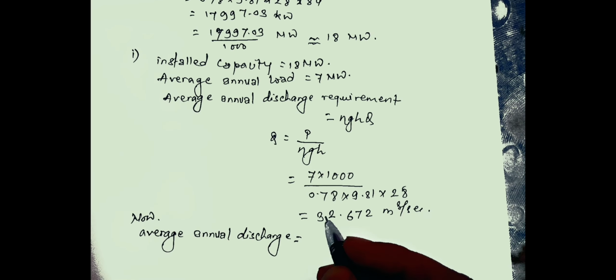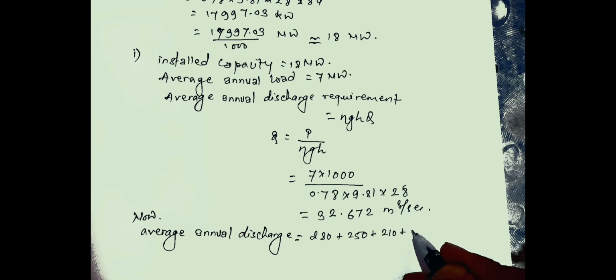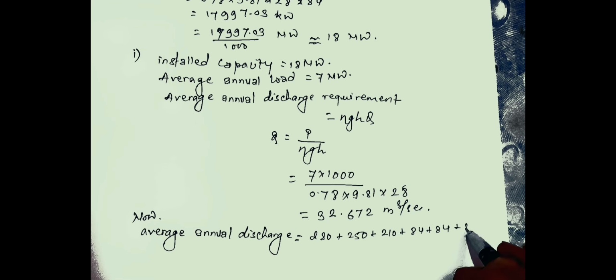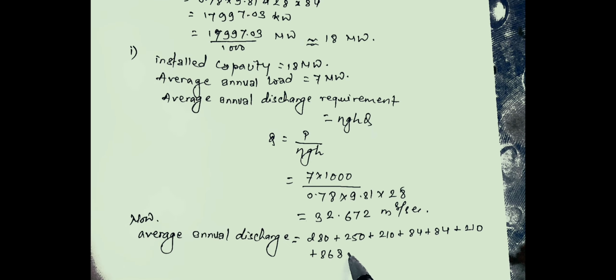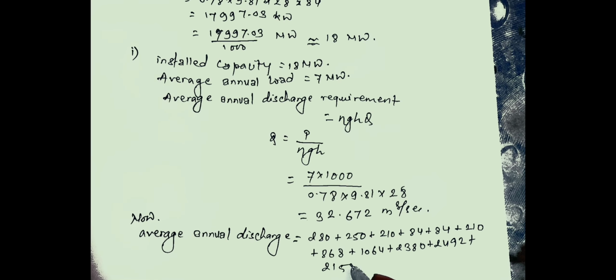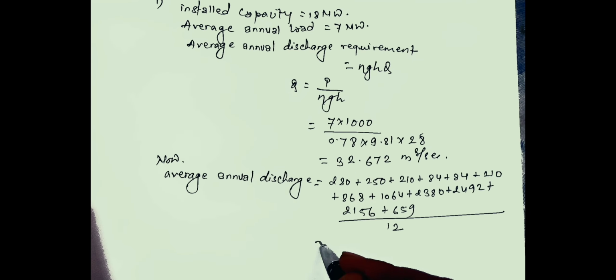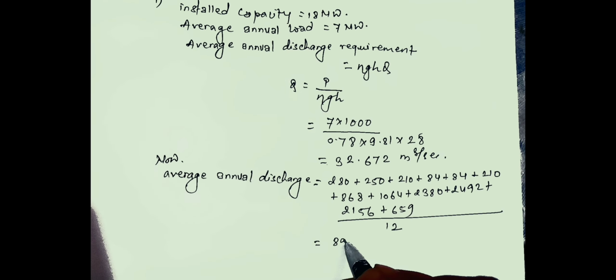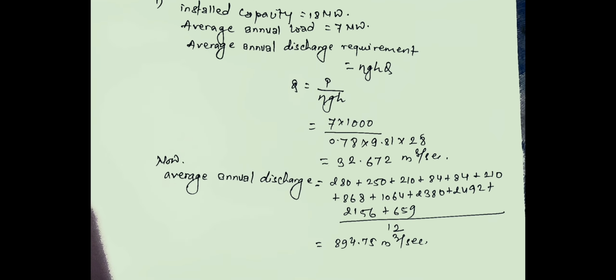That is, the discharge data given in the question is added up over the 12 months and divided by 12, because we are taking the mean of the above. On solving this, we get the value 894.75 meter cube per second.